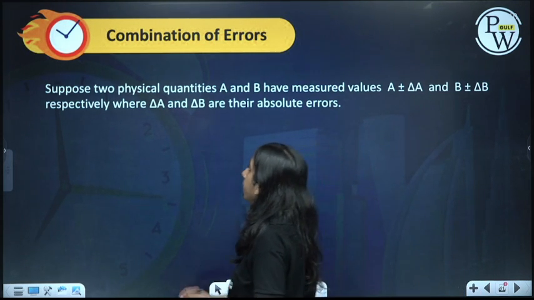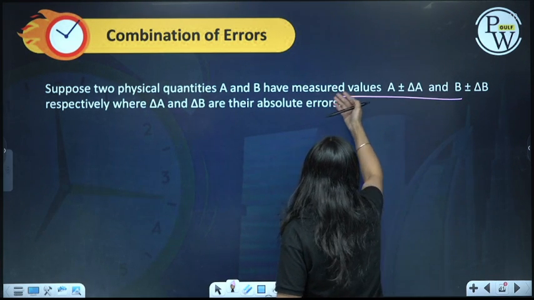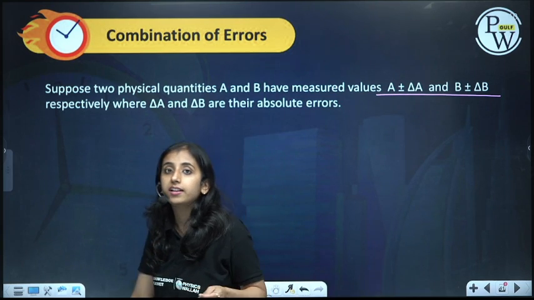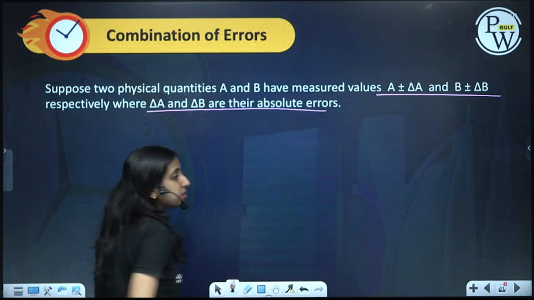Let us see that. Suppose we have two physical quantities A and B, which are being measured as A plus minus delta A and B plus minus delta B, where delta A and delta B are their absolute errors.